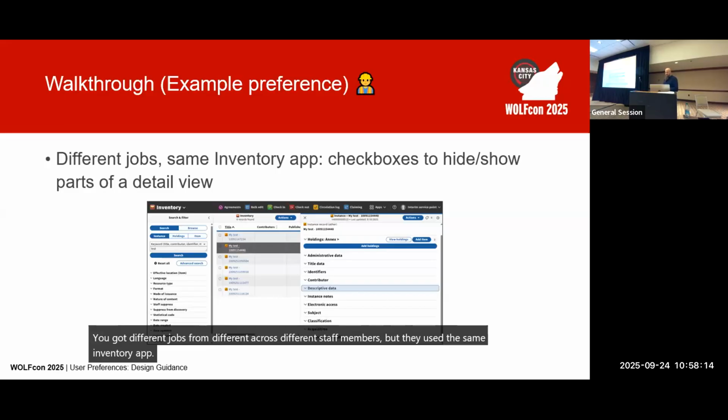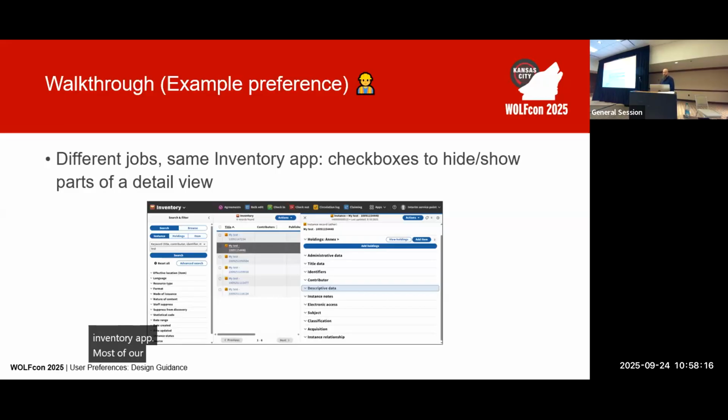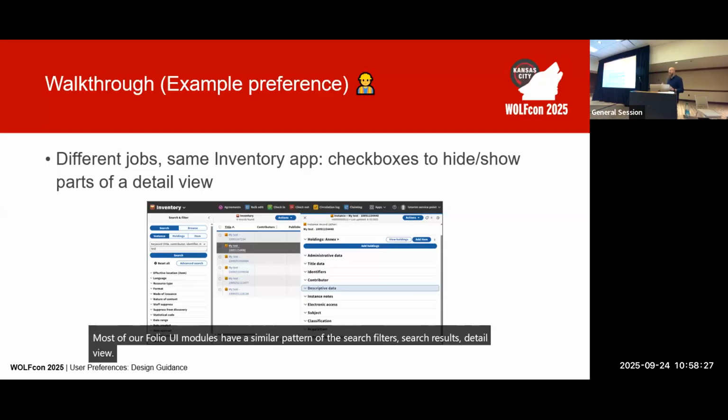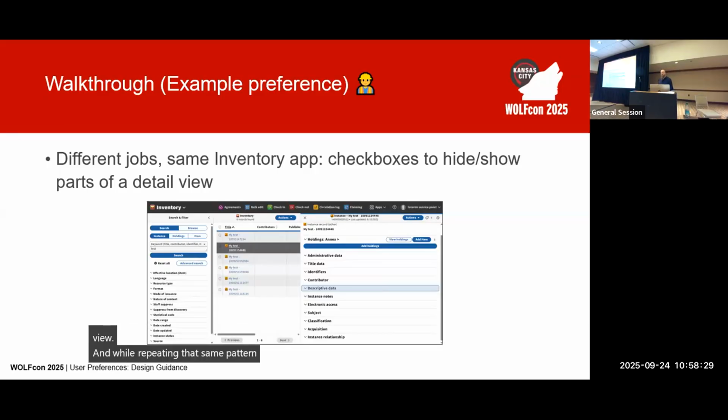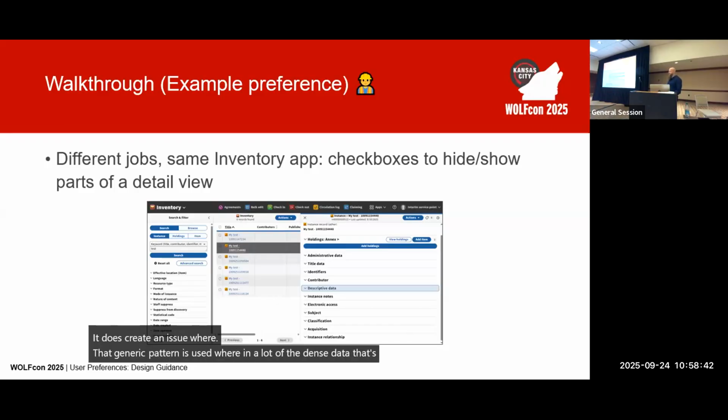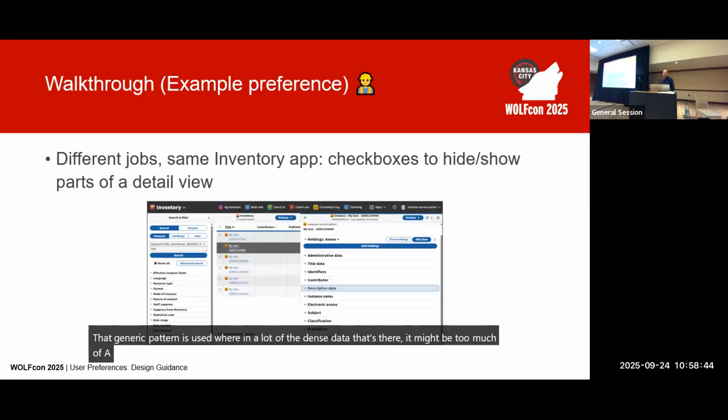Now, most of our Folio UI modules have a similar pattern of search filters, search results, detail view. And while repeating that same pattern makes Folio apps pretty learnable, it does create an issue where that generic pattern is used with a lot of dense data, and it might be too much of a good thing for some users.